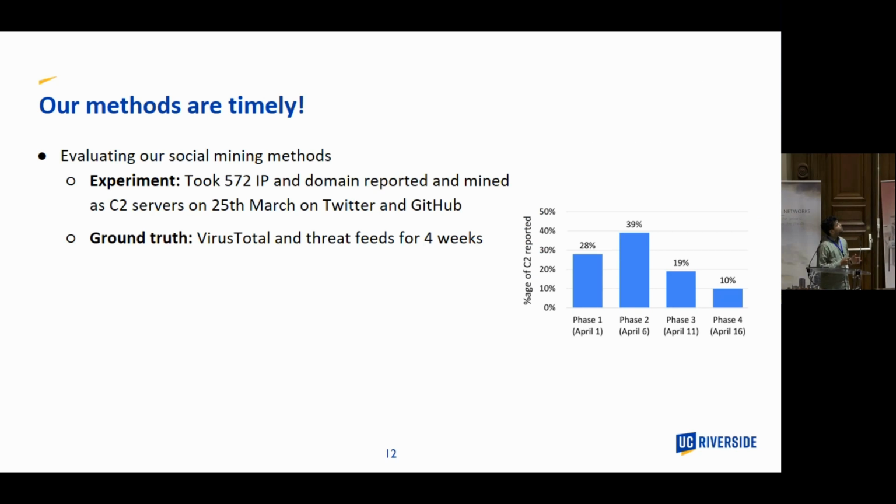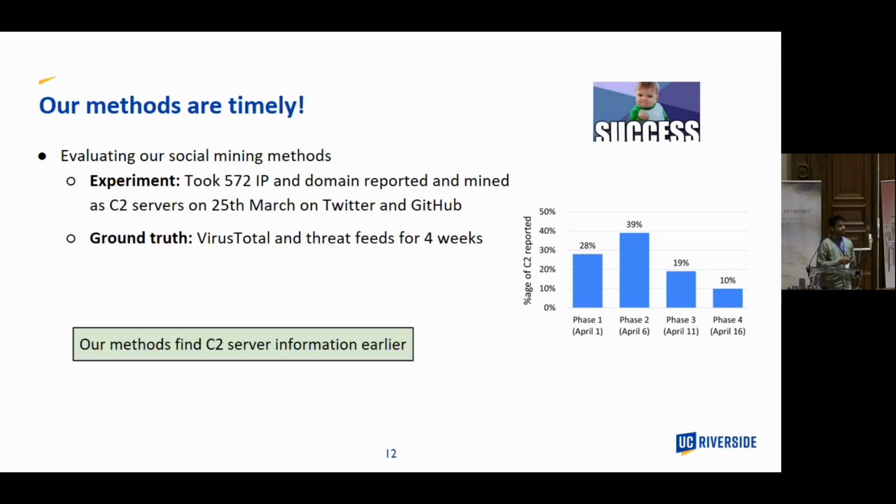What we found is that at the end of the first week, only 28% of them were marked malicious or incorporated in VirusTotal or other threat feeds, and more than 30% of the information was not available for 10 days. The takeaway from these slides is that our method finds C2 server information much earlier than it is reported in de facto platforms like VirusTotal.